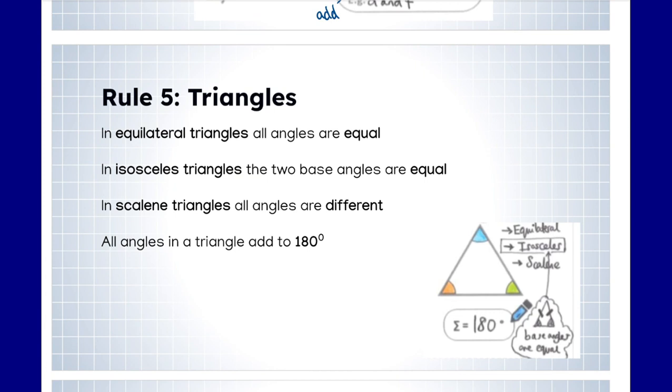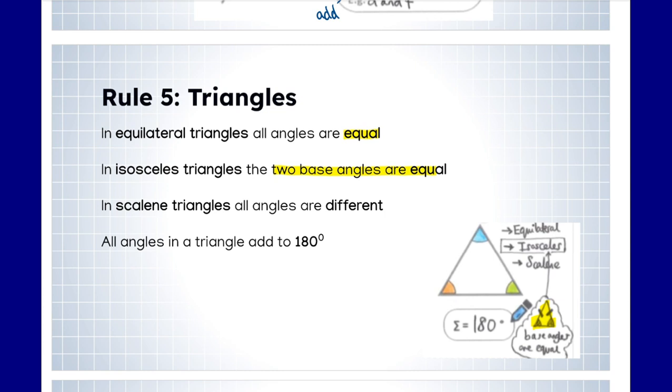Rule number 5, when we're dealing with triangles, this is just some characteristics of triangles we want to be mindful of. In equilateral triangles, all sides are equal, as well as all angles. In an isosceles triangle, the two base angles are equal, as you can see in the diagram, which is what we're referring to when we talk about the two base angles.